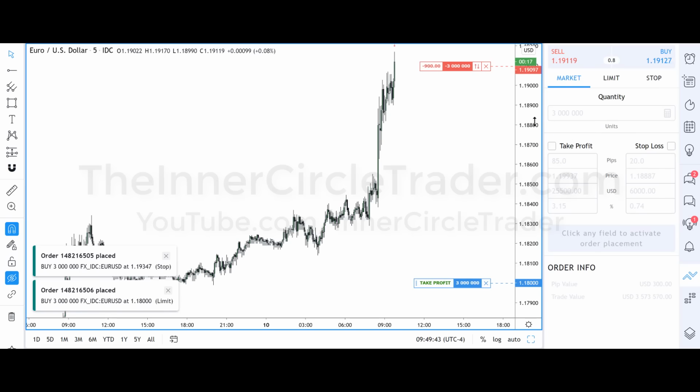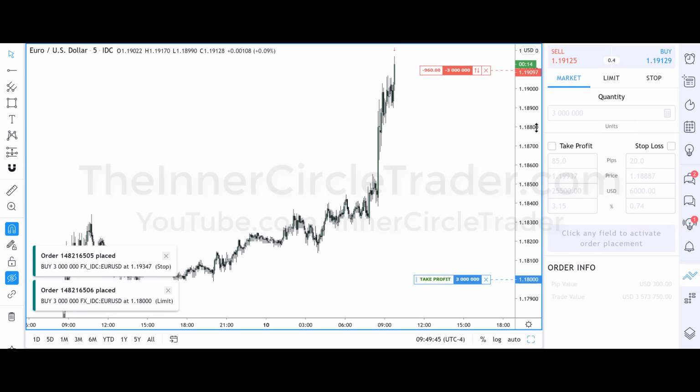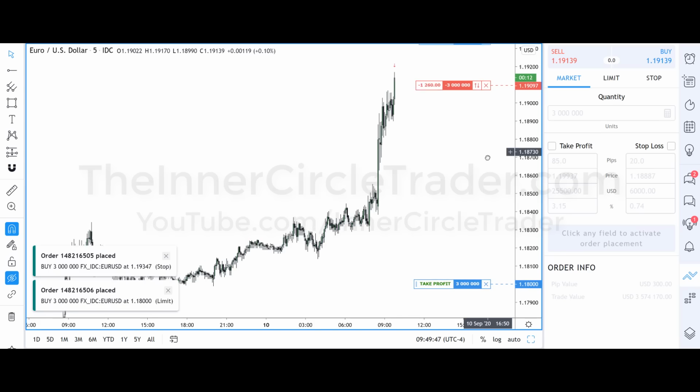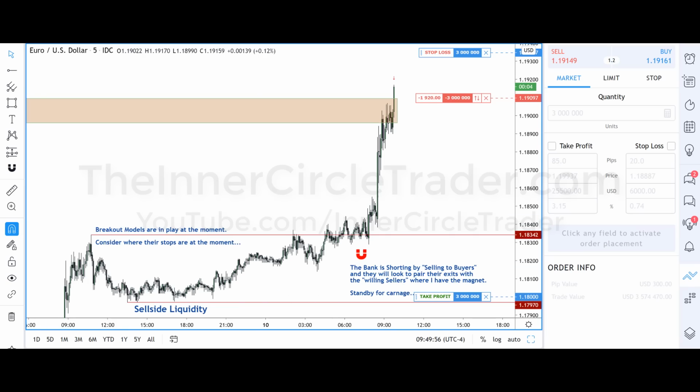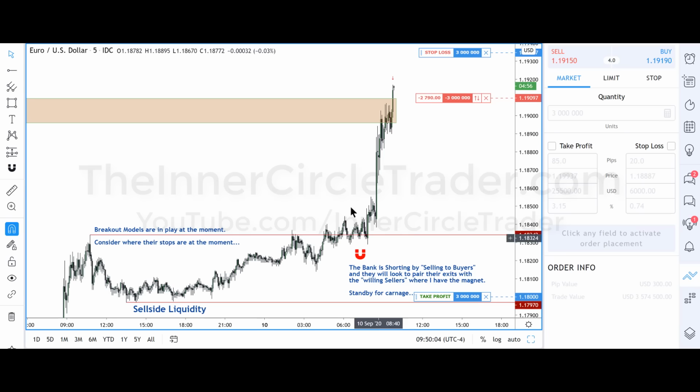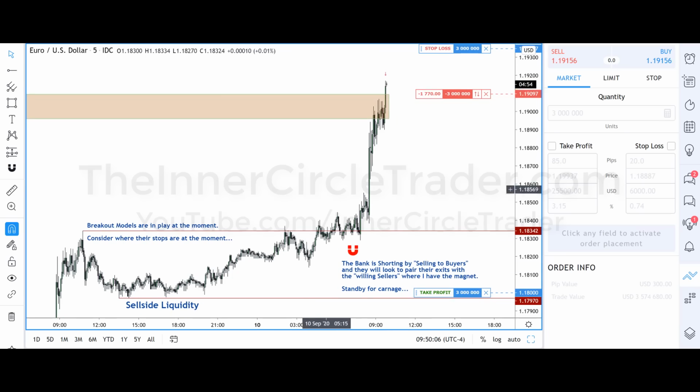Okay, so you can see the stops and targets are in place. Okay, now I'm going to show you what I have in mind, so you can see it's already on the chart. It's not something I'm figuring out along the way. I'm looking at something before it actually unfolds on the price action.